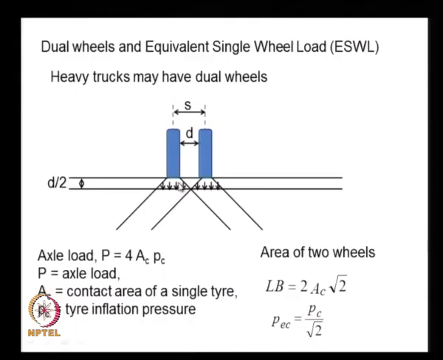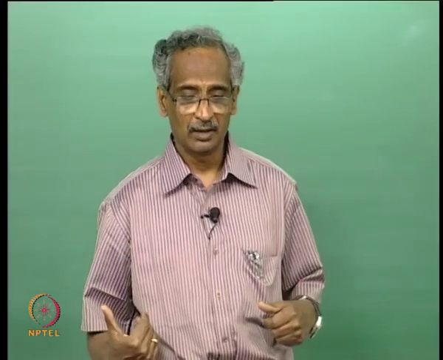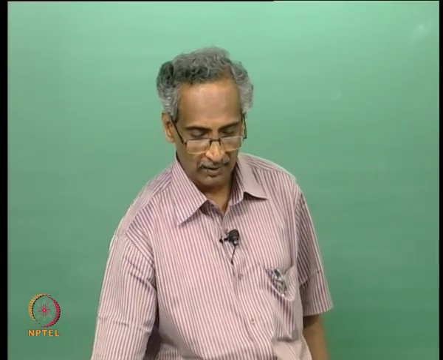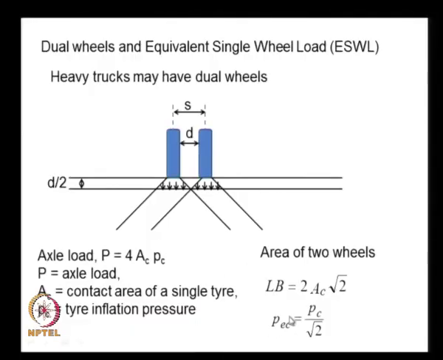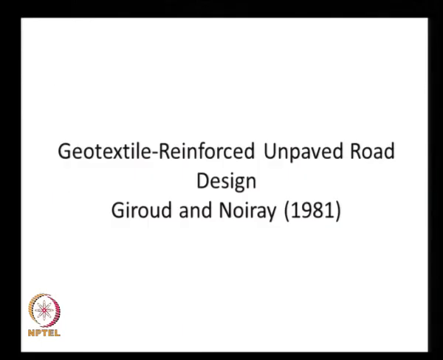But below this, the effect of the space between the two wheels comes into the picture, and because of that the actual pressure that is transferred is lesser, and this Pec, the equivalent pressure, is simply Pc by square root of 2, because of these tandem wheels. And if we have only one single wheel, Pc is equal to Pec.